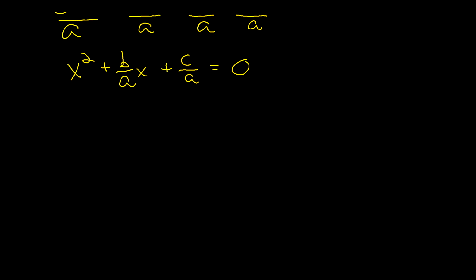Okay, at this point now I want to solve this by completing the square. If I complete the square, that means the c, the constant, has to go. So I'm going to subtract c over a from both sides.